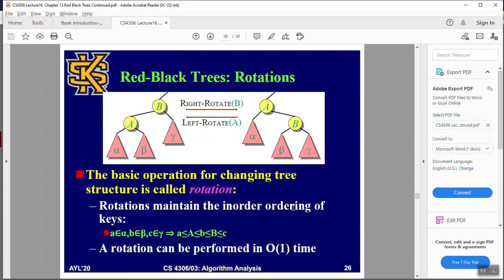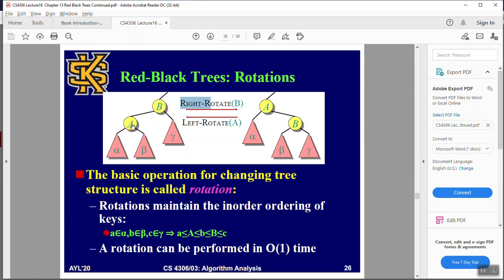In the AVL tree we discussed that there are 4 kinds of rotations, right? Left rotation, right rotation, left right and right left. So in red black trees the rotations are, for instance, right rotation and left rotation.